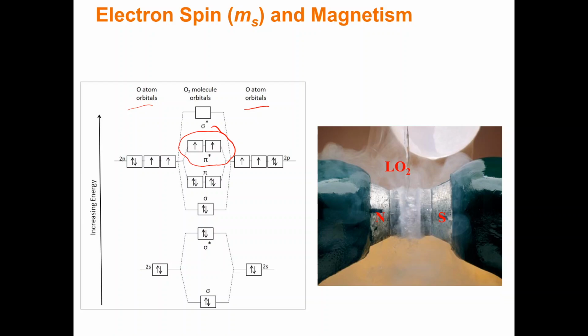So if you pour liquid oxygen into a very strong magnet, see this stuff in the middle? It actually floats within the magnet because, and it evaporates very quickly, but because it is spin unpaired, because it's paramagnetic, you get this magnetic effect. Okay, so just make sure you can identify a magnetic atom versus a non-magnetic atom.